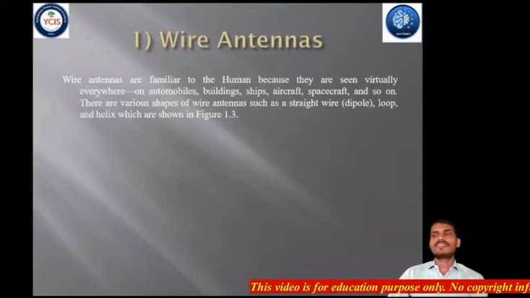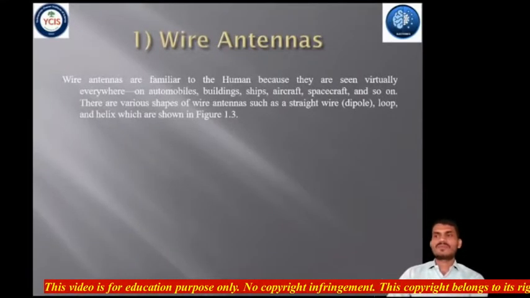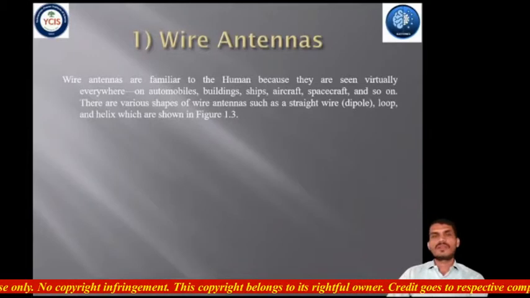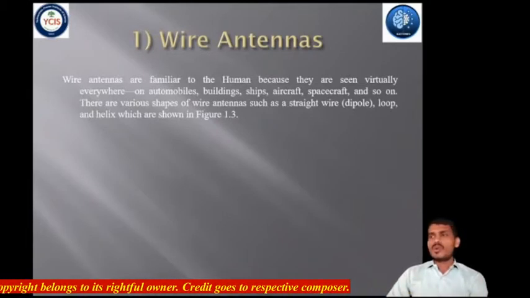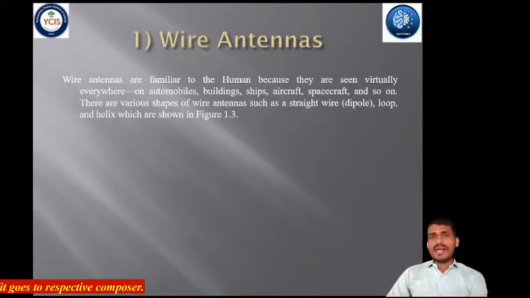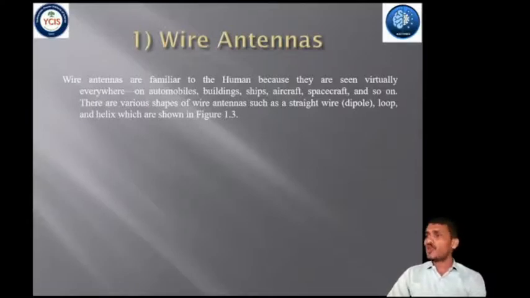The first antenna is the wire antenna. Wire antennas are present everywhere. They are familiar to humans because they are seen virtually everywhere, on automobiles, buildings, ships, aircraft, spacecraft, and so on.